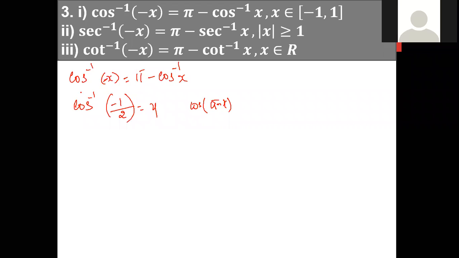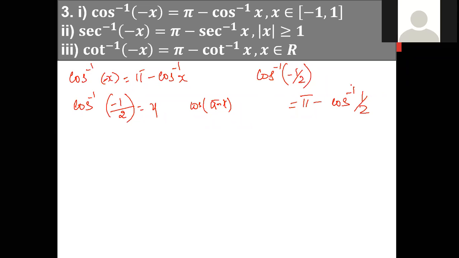So now instead of doing all this procedure, since you know the property, what is the property? Cos inverse of some negative real number, that is in the interval minus 1 comma 1, you can directly write it as pi minus cos inverse x. That is, if you have cos inverse minus half, you can write it as pi minus cos inverse half.